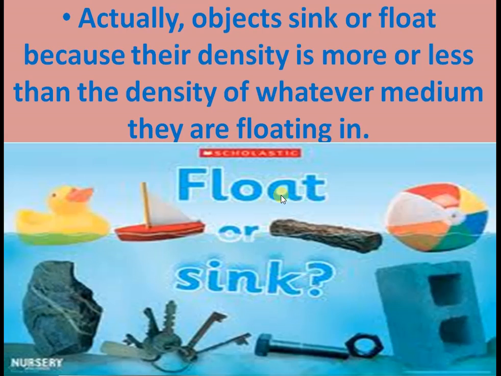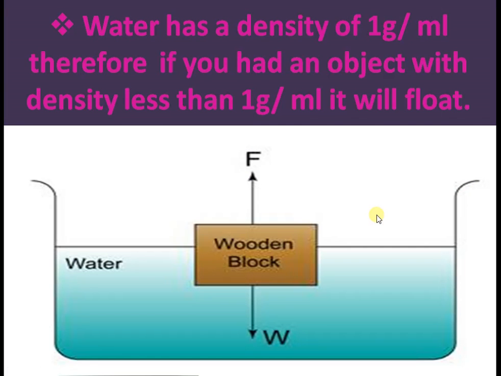If the object's density is less than the water's density, the object will float on water. Water has a density of 1 gram per ml. Therefore, if you had an object with density less than 1 gram per ml, it will float.